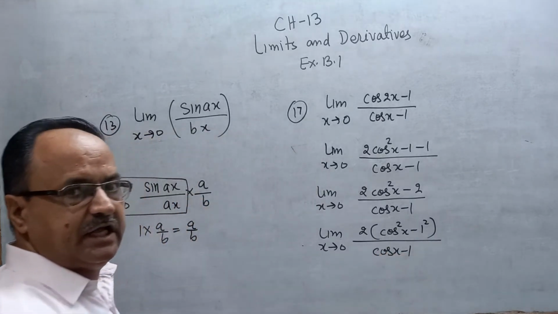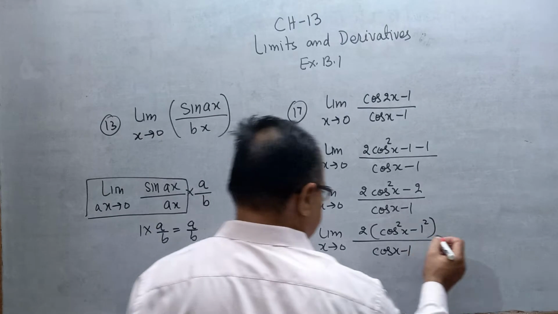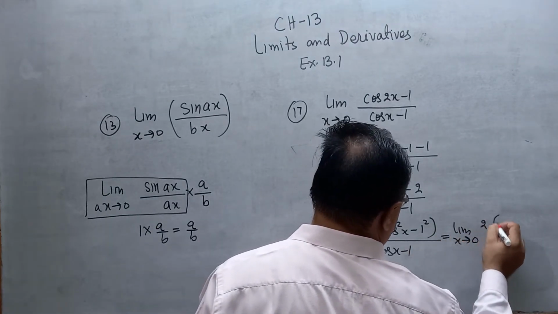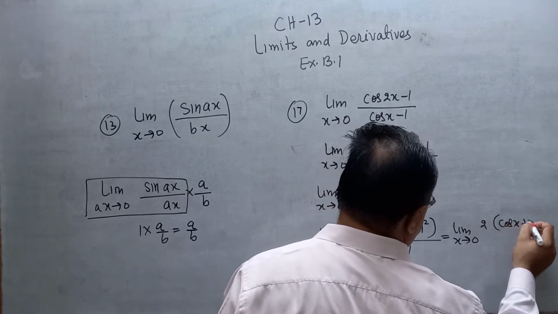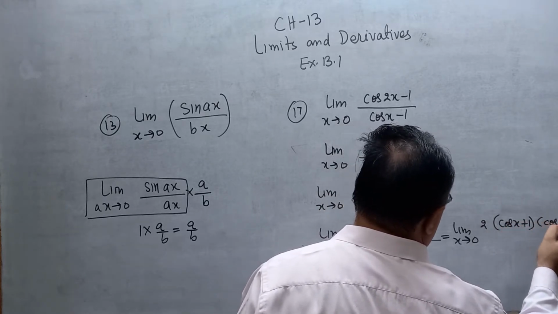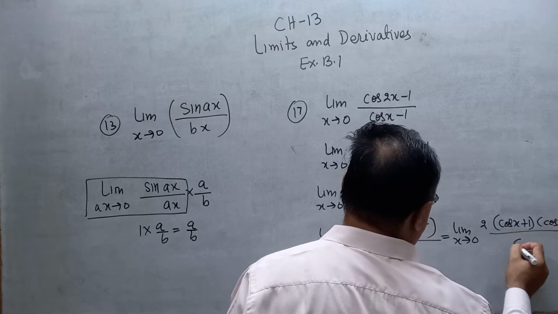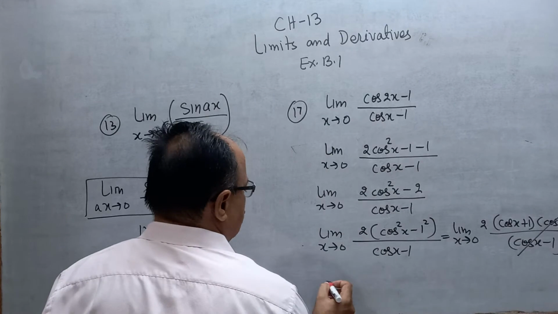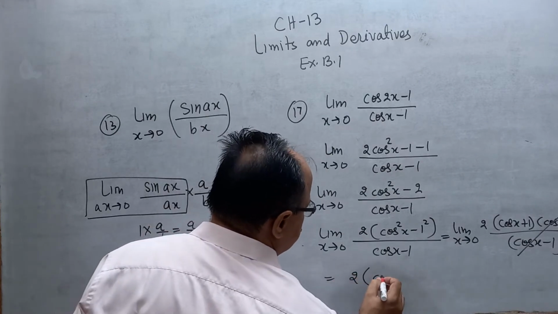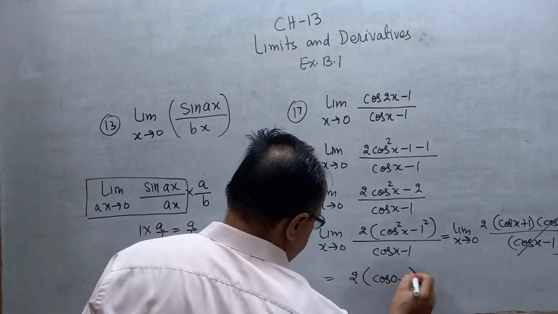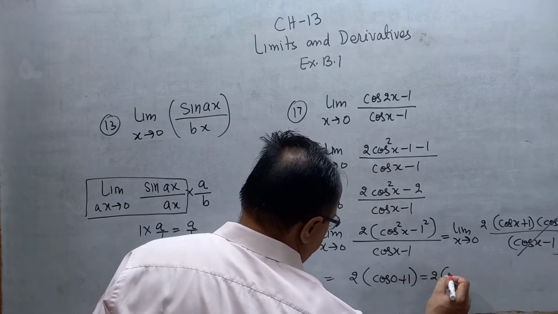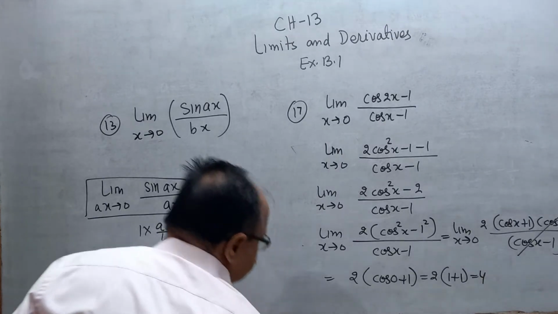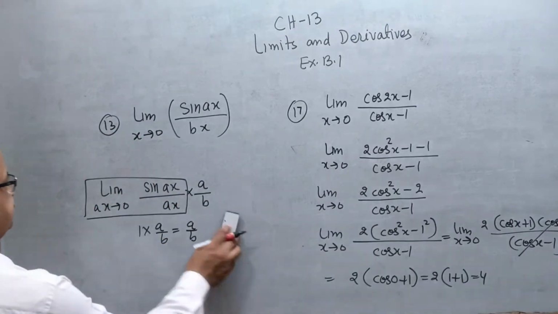I apply here the identity a square minus b square in the numerator: (cos x plus 1)(cos x minus 1) divided by (cos x minus 1). Now apply direct limit: 2 into (cos 0 plus 1). Cos 0 you know very well is 1, 1 plus 1 is 2, that is 4 is the answer. Right.